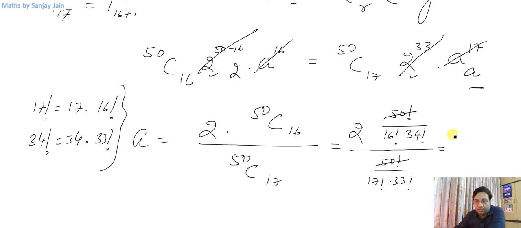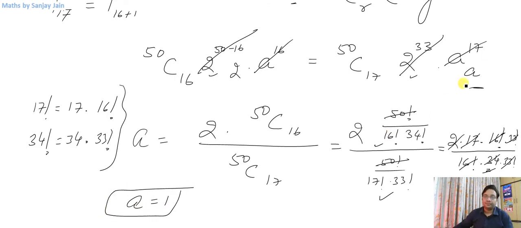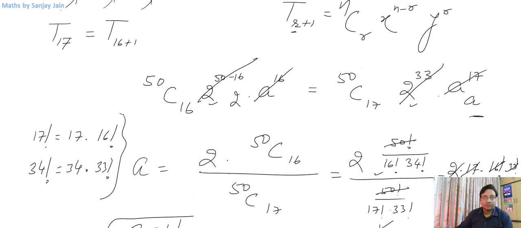So this will be 2 into 17 into 16 factorial into 33 factorial in the numerator, divided by 16 factorial into 34 into 33 factorial. So this will get cancelled, this will get cancelled. 17 into 2 is 34, which will also get cancelled. So this is equal to 1. A comes out to be equal to 1. This was a simple calculation.